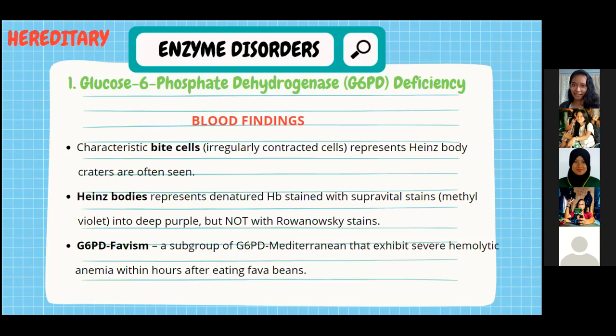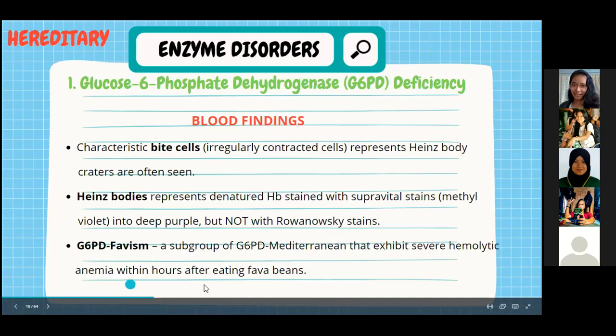In G6PD favism the first sign is the hemoglobinuria. This is also the subgroup of G6PD Mediterranean that exhibits severe hemolytic anemia within hours after eating these fava beans.